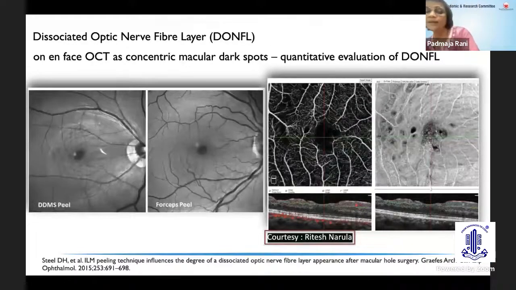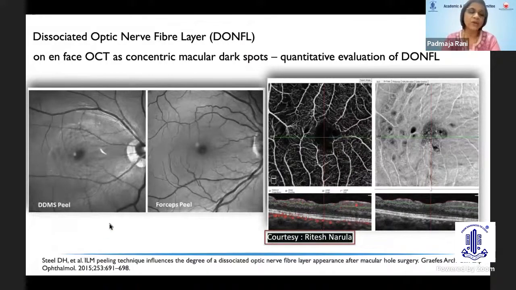Another prominent finding that you look for on NFAS OCT, we'll look at some case scenarios. One important thing is a dissociated optic nerve fiber layer, DONFEL. On NFAS OCT, it will be seen as concentric macular dark spots, which will help us in quantitative evaluation of this DONFEL.